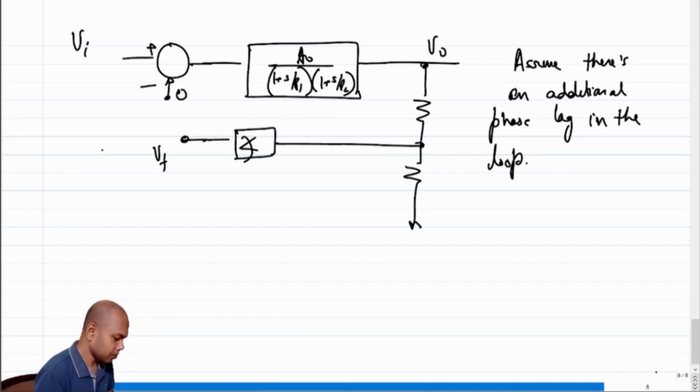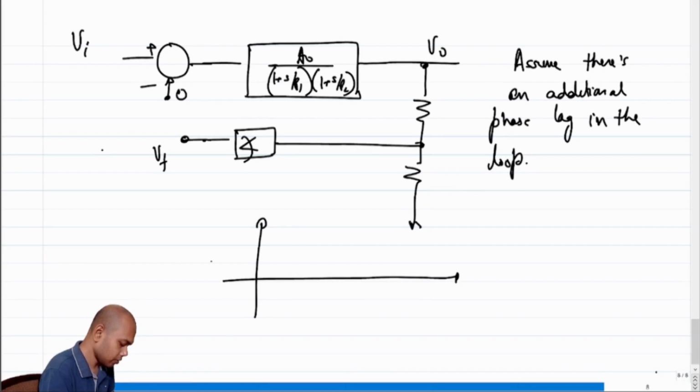So let's assume that this is the case. What will this do? This will do one of these things, right? So let's say we had a certain frequency omega naught.